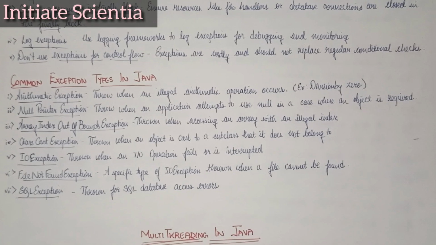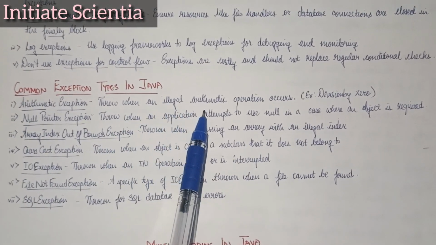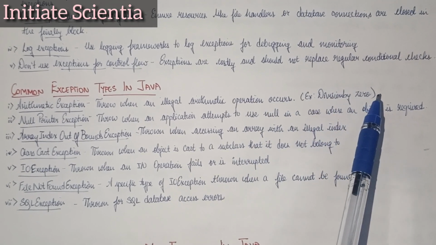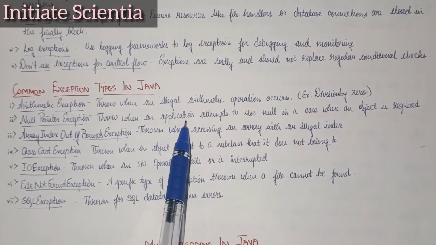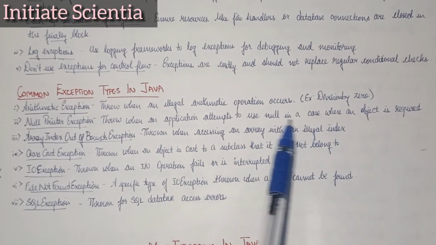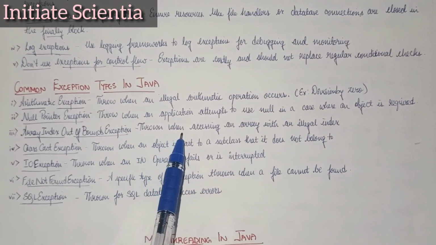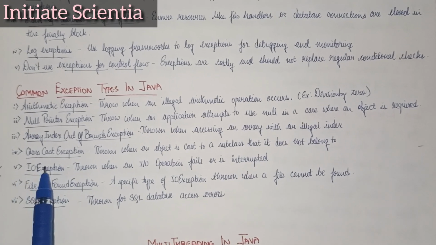Common exception types in Java. Arithmetic exception. Thrown when an illegal arithmetic operation occurs. Example, division by 0. Null pointer exception. Thrown when an application attempts to use null in a case where an object is required. Array index out of bound exception. Thrown when accessing an array with an illegal index.